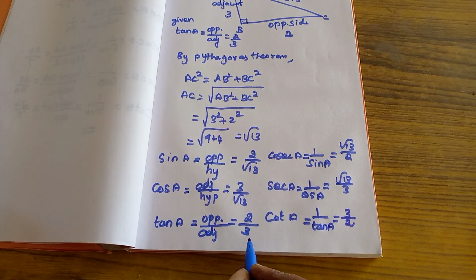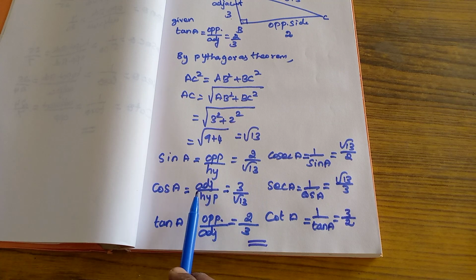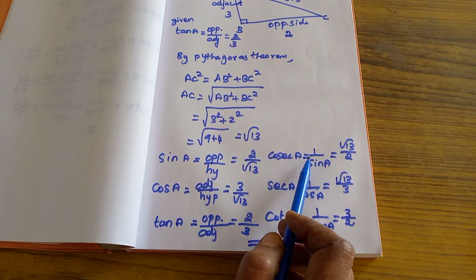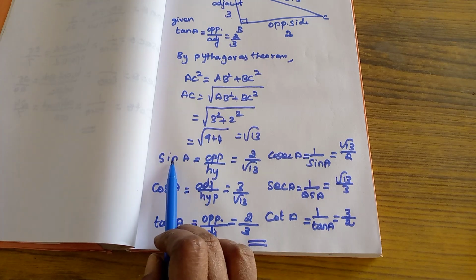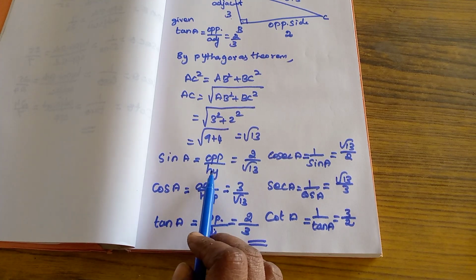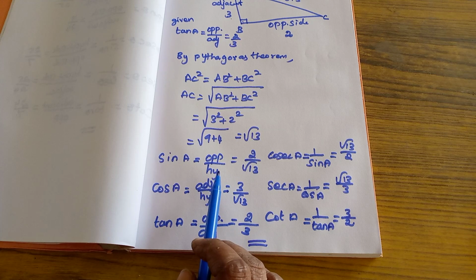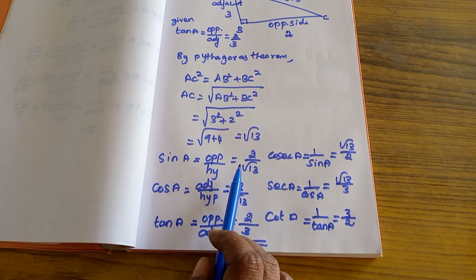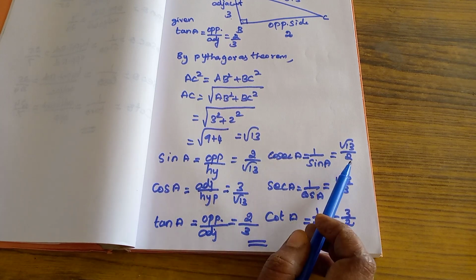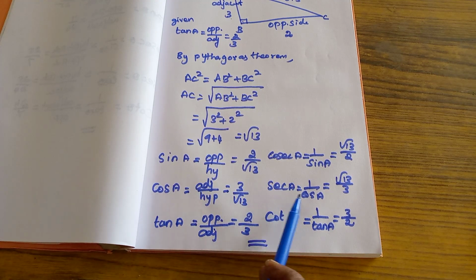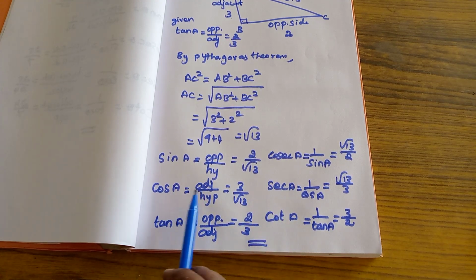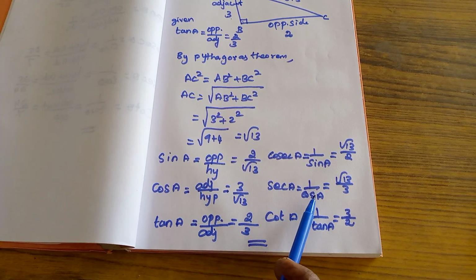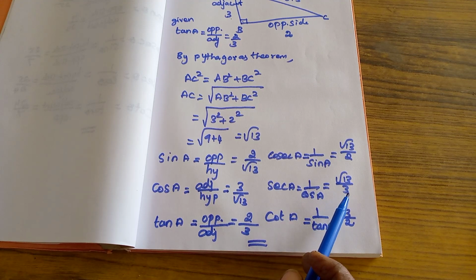Understood, students? So here sin A is 2 by root 13, cos A is 3 by root 13, tan A is 2 by 3. Cosecant is the reciprocal of sin, so hypotenuse by opposite, that is root 13 by 2. For secant, the reciprocal of cos, 1 by cos A, that is root 13 by 3.